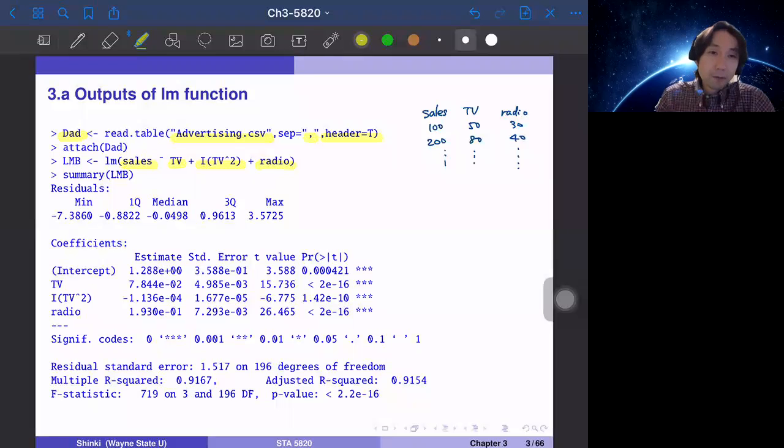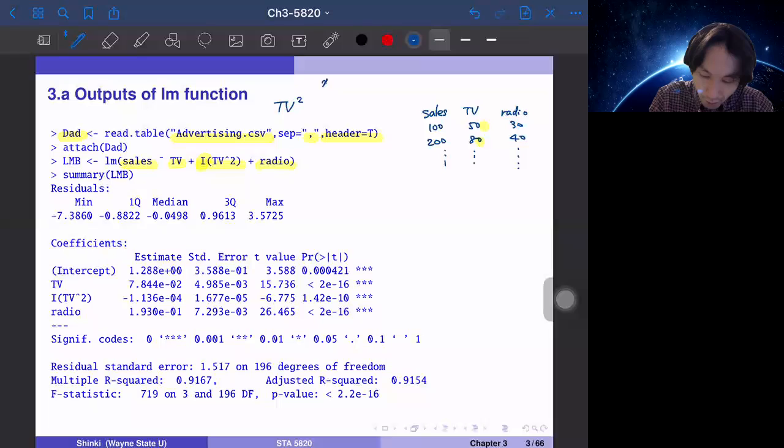Remember that if we want to include the square of some column, so TV squared, meaning 50 squared or 80 squared, you have to put I to make it a variable. Usually outside of the lm function, just TV squared works. But in a linear model, the square sometimes means the interaction terms.